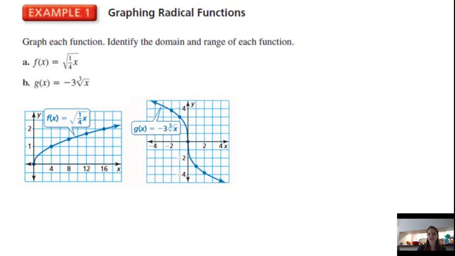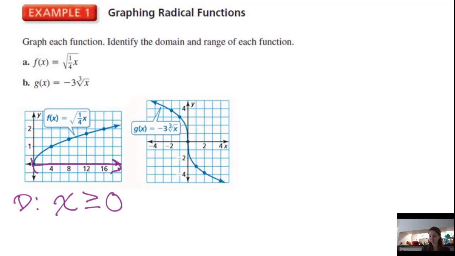Example 1, graphing radical functions. Graph each function, identify the domain and range of each function. So f of x is the square root of 1/4 x. I've already gone ahead and graphed it for you. You could put this in your calculator, make sure you get a graph that looks like this. To identify the domain, the domain again is possible x values. The possible x values here are x is greater than or equal to 0.